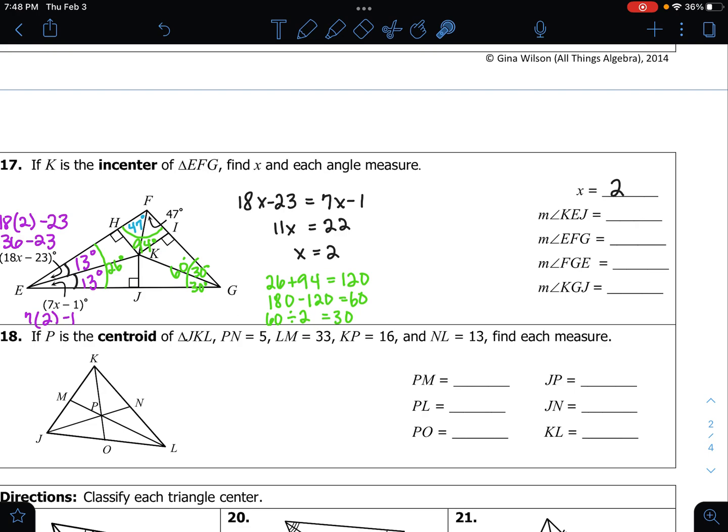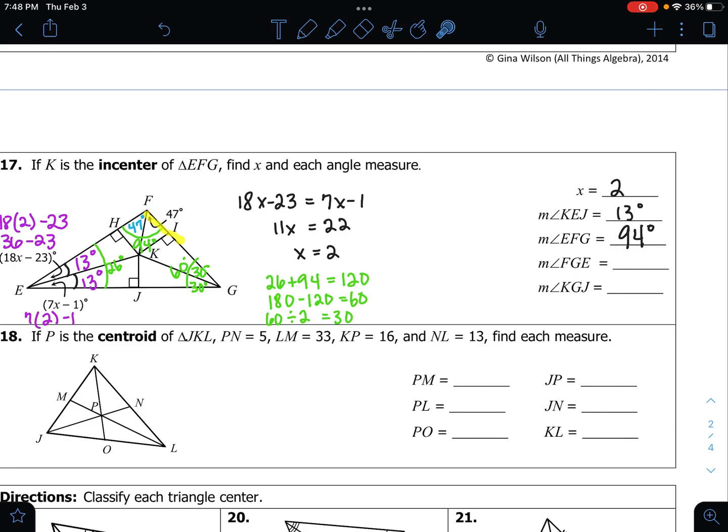The measure of KEJ. So KEJ. Oop, already did it. That's 13. Cool. Next we have EFG. Did it. That's 94. And we got FGE.